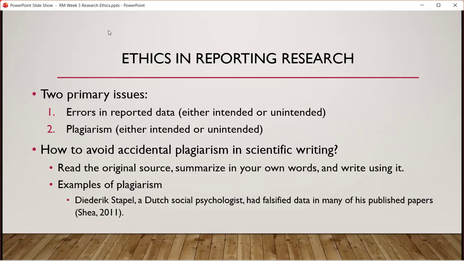So were there errors in the reported data? Backing up here, the primary issue we see in reporting research is that there are errors in the reported data. So either intended, how to lie with statistics, or unintended, right? And again, plagiarism, either intended or unintended.